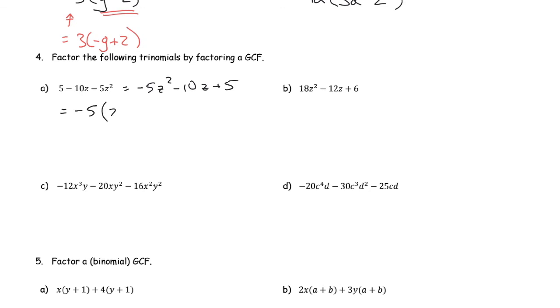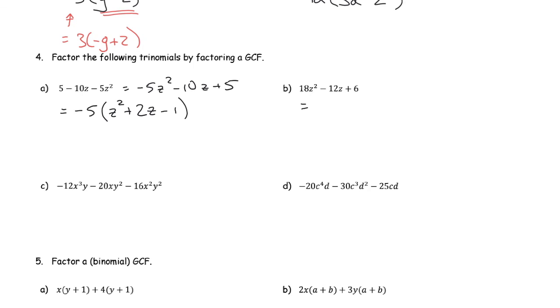So for that first term, I'm going to end up with positive z squared, because -5 divided by -5 is 1. -10 divided by -5 will be positive 2. The z stays there. And then 5 divided by -5 is -1. And there we go. For this next one here, it's already in standard form.